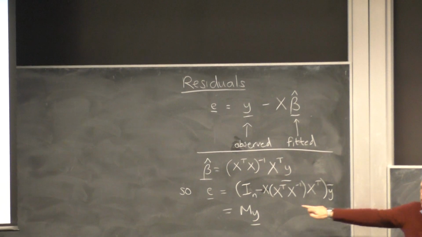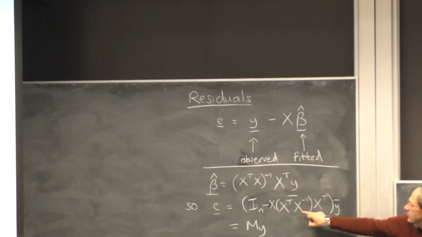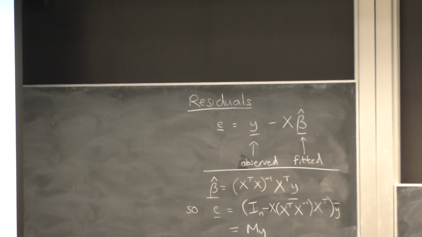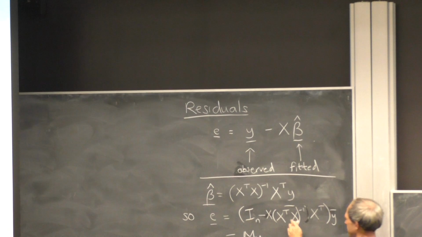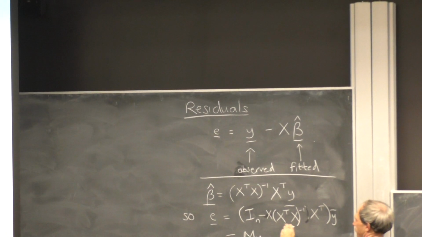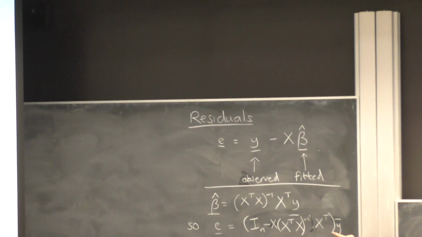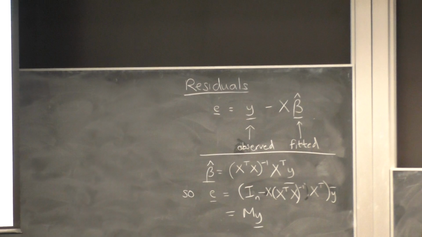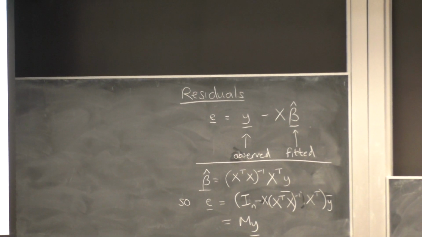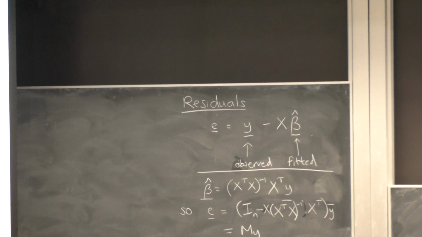And then we have this term, x times x transpose x to the minus 1, times x transpose. So this matrix, if we multiply it by the vector y, will give us the vector of the residuals.